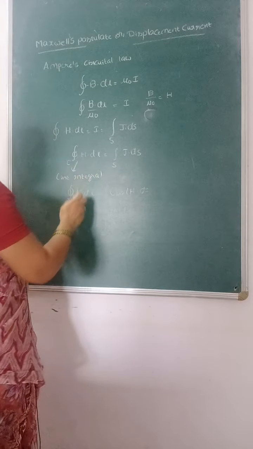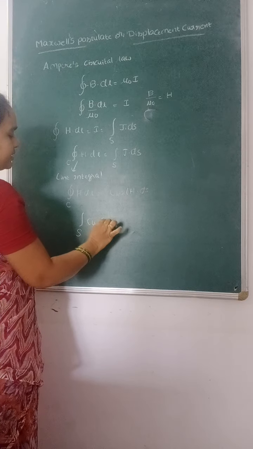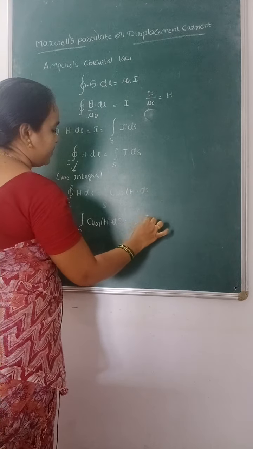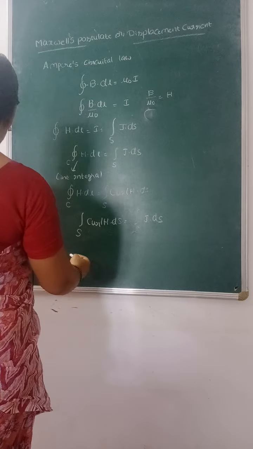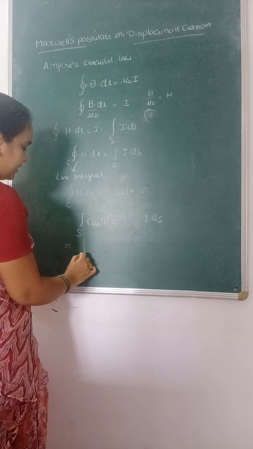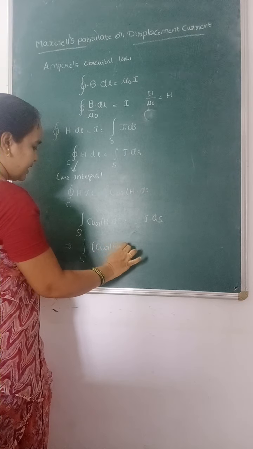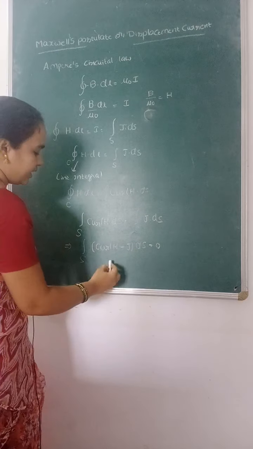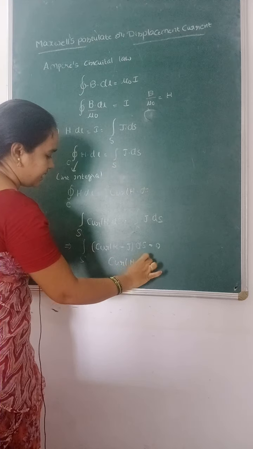Then this equation becomes the surface integral of curl H dot ds equal to the surface integral of J dot ds. On both sides we have the surface integral, so we get the surface integral of (curl H minus J) dot ds is equal to 0, that is, curl H is equal to J.